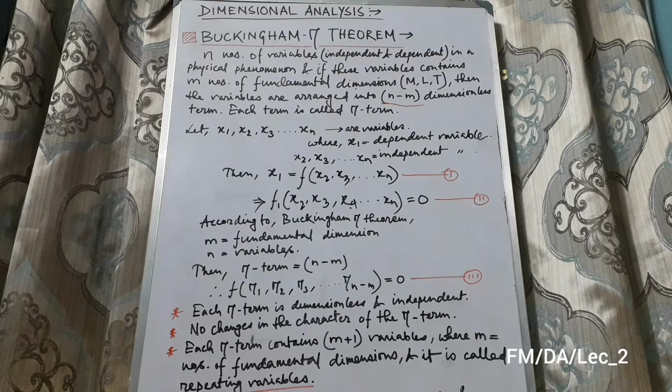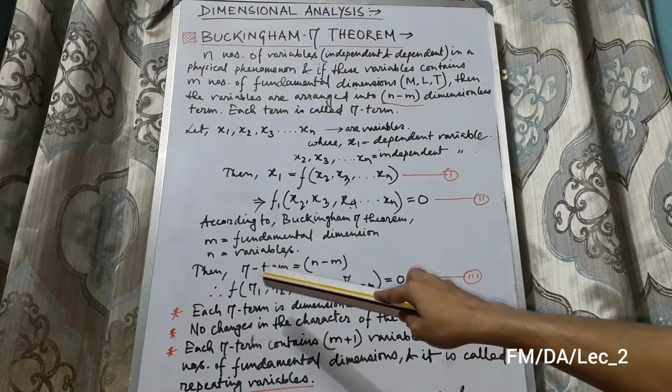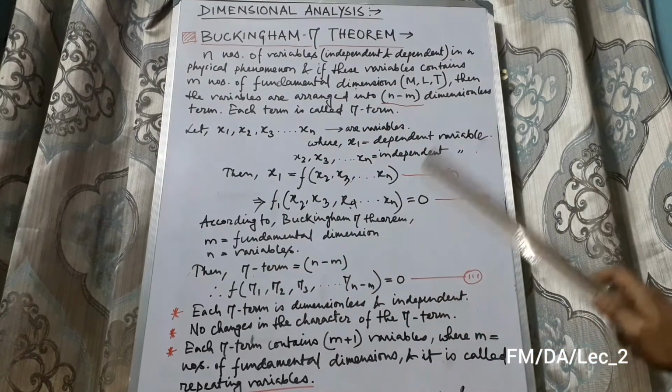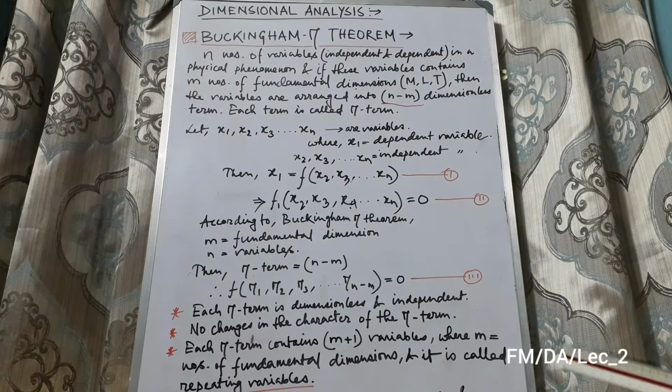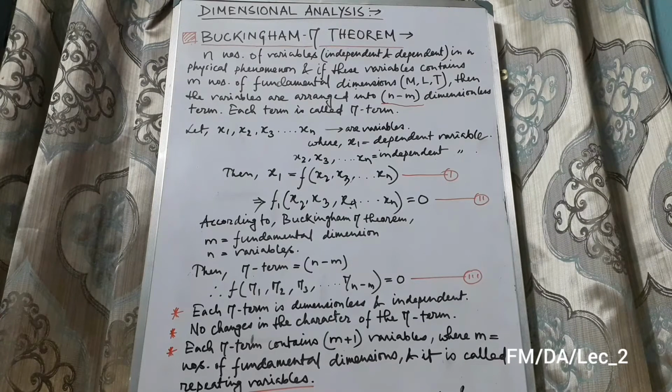And number 3, each pi term contains m plus 1 variables. This is the pi 1 term, so it also contains m plus 1 variables. This is pi 2, it also contains m plus 1 variables. So each pi term contains m plus 1 variables, where m equals the number of fundamental dimensions, and these are called the repeating variables.